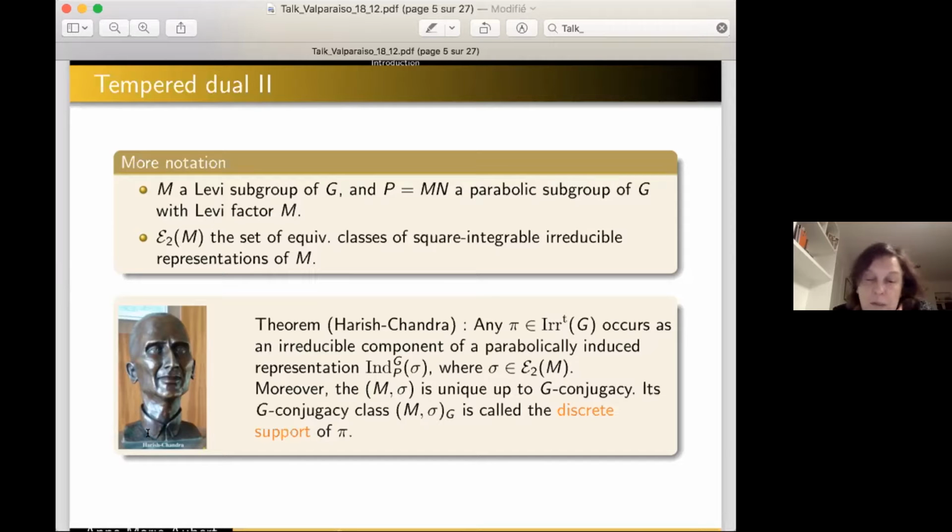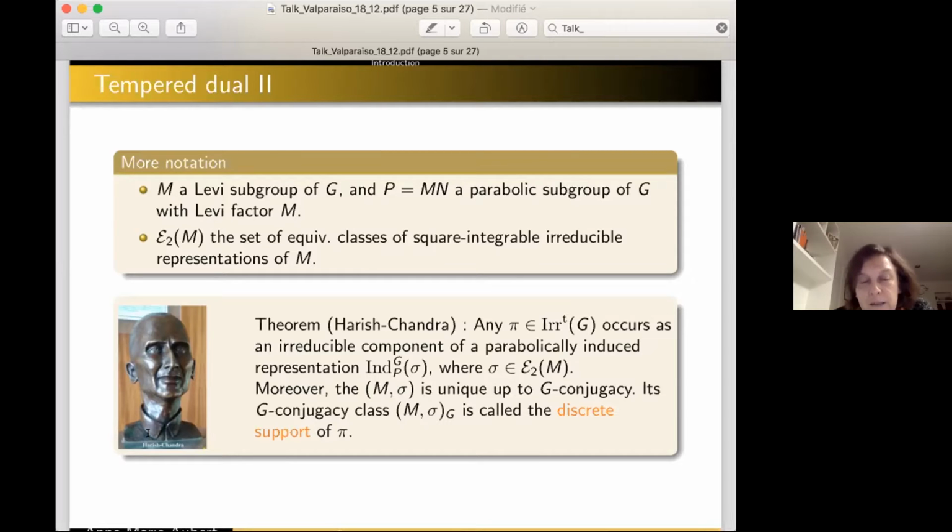This plays the analogous role to the cuspidal, supercuspidal support for the smooth dual. And as we know, in the situation of the smooth dual, this decomposition is in fact too fine.